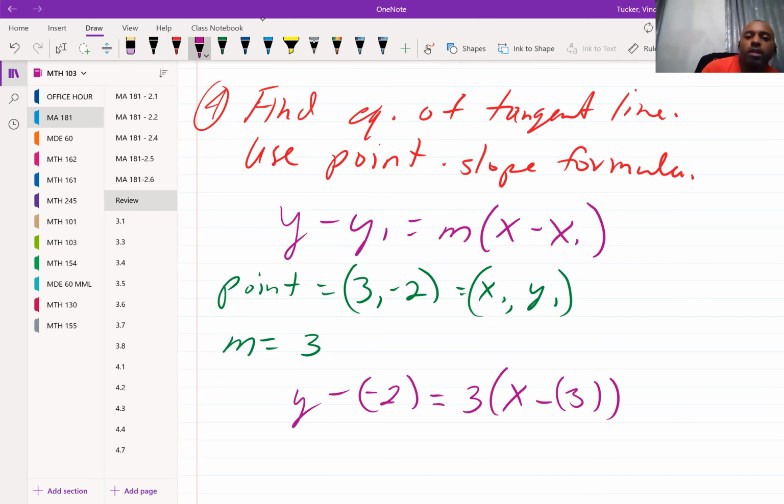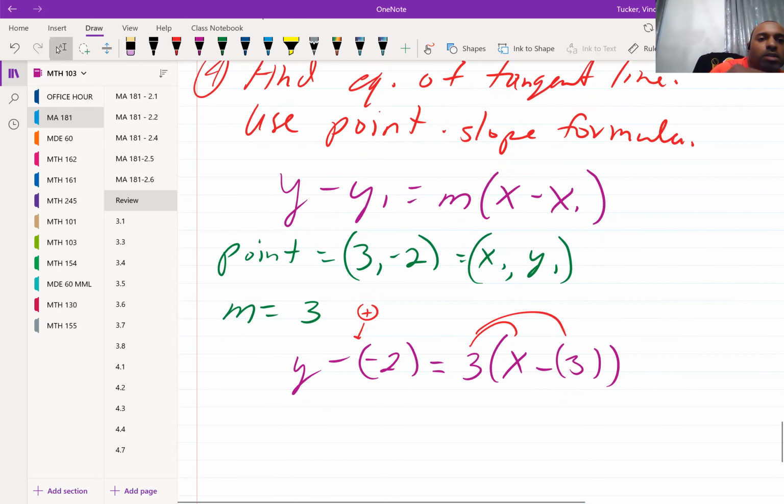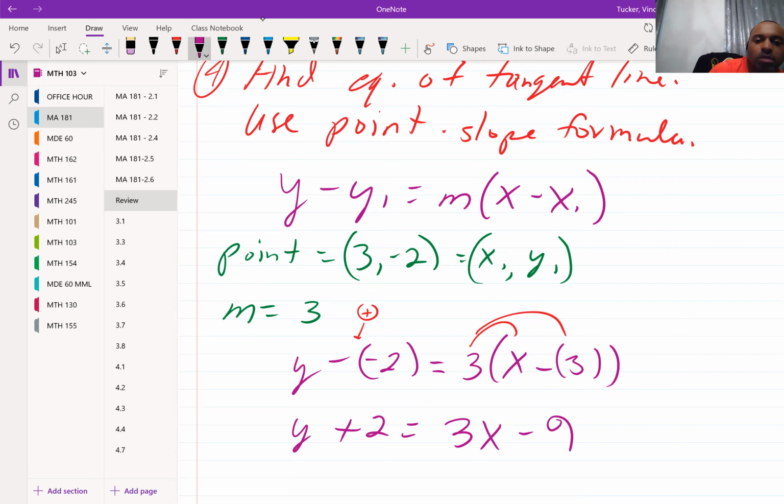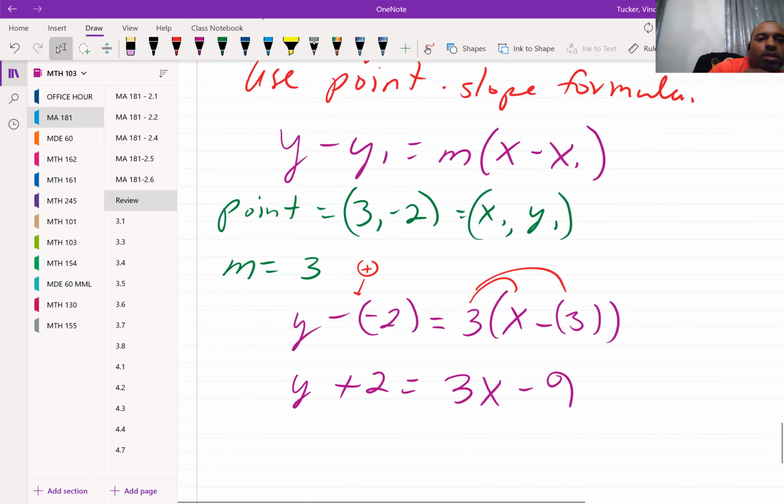So that's what we're looking at: 3 for x1, -2 for y1, and then 3 for your slope. Go ahead and distribute. And also, negative to negative turns positive. And finish it off.